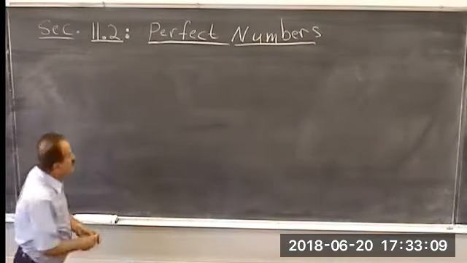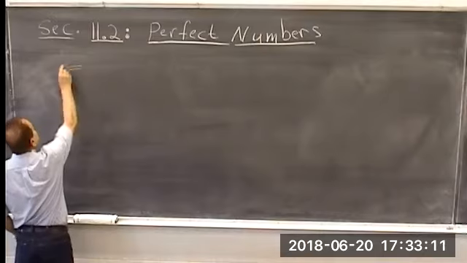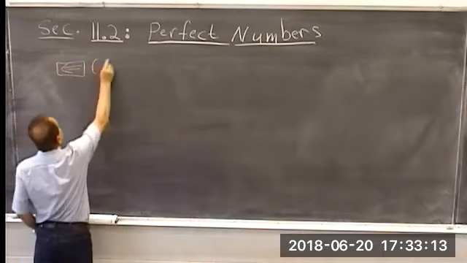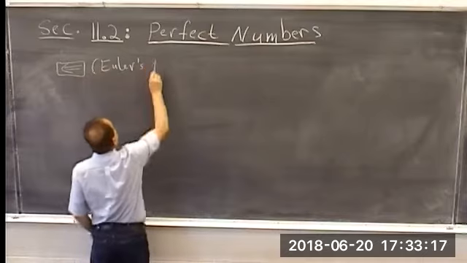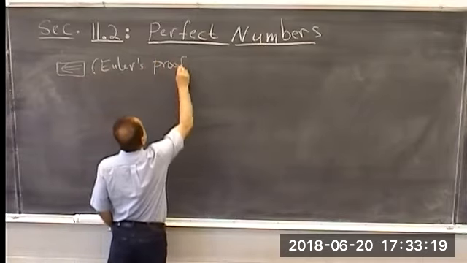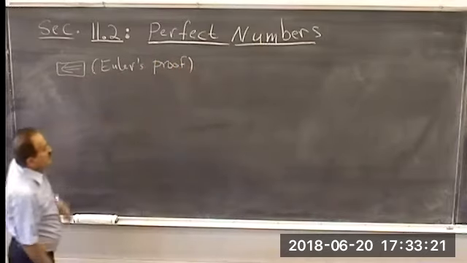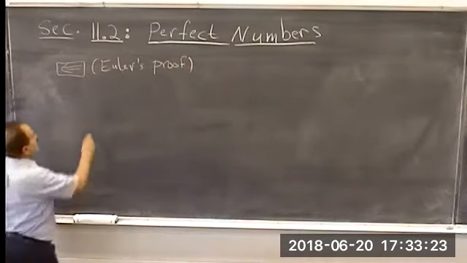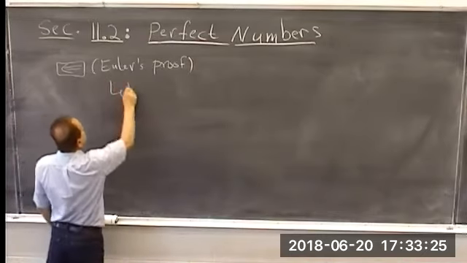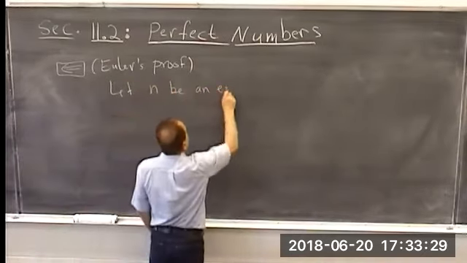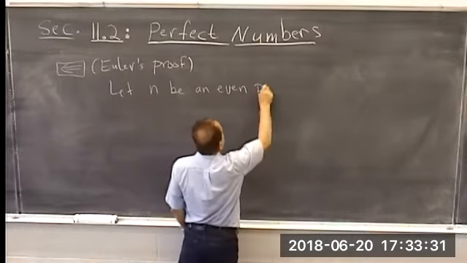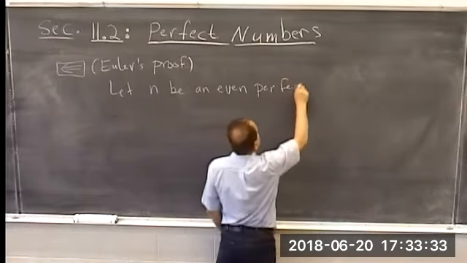Now let's assume we're going this way, and this is Euler's argument. So this time we're going to assume that n is an even perfect number.